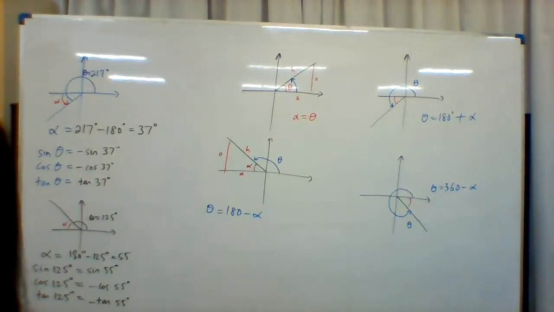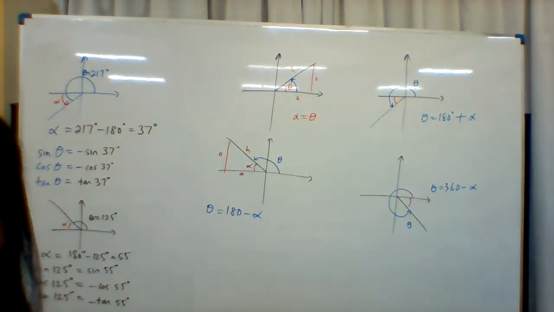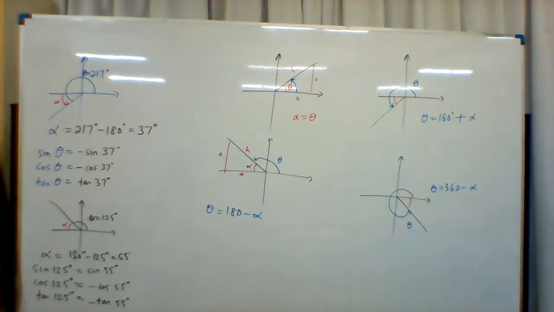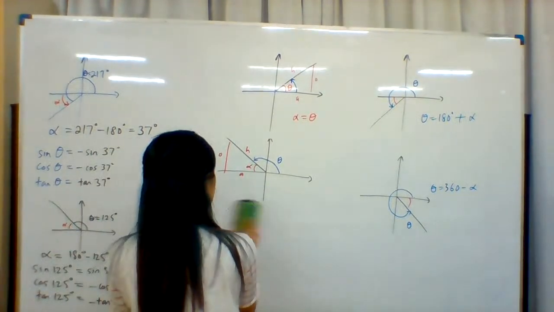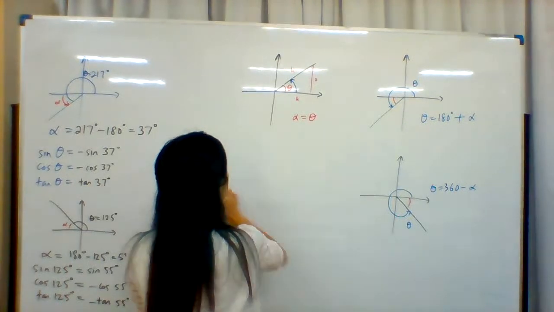Okay, last one. If your angle is 293, tell me which quadrant your angle will be in? Angle 293, is it the first, second, or the third quadrant?